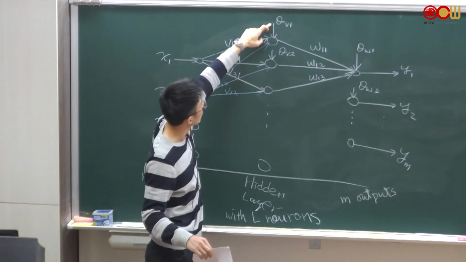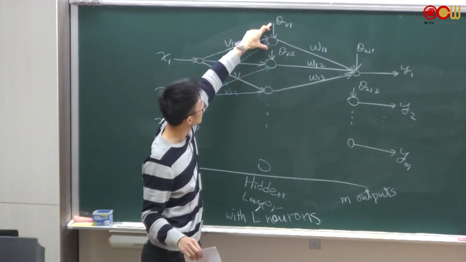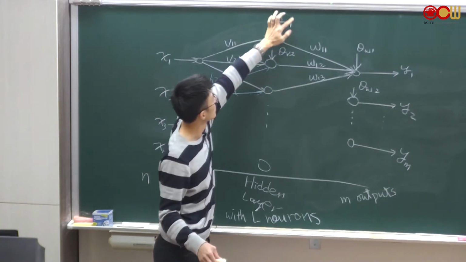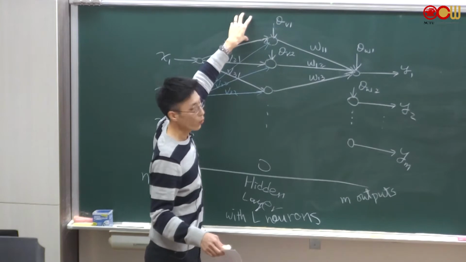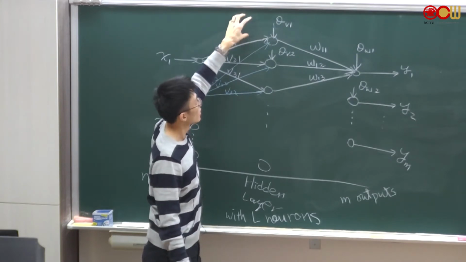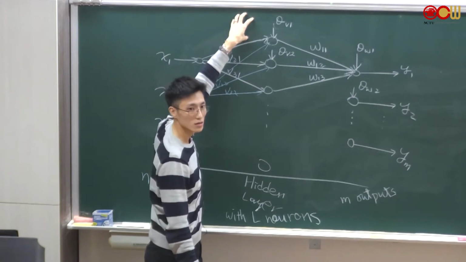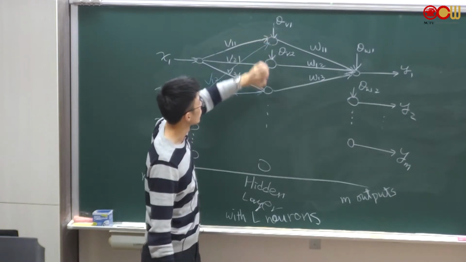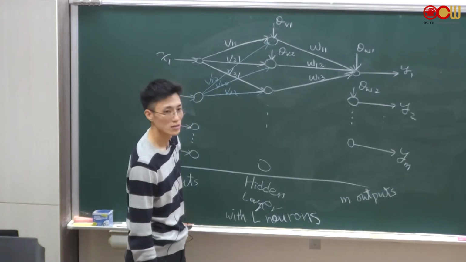And it also includes one offset input, or some call it bias. So this is a constant, and it's a weight. You can still consider it to be a weighting. It's a constant, and it's a weighting term to be estimated. And that goes into a neuron, representing some offset from 0.